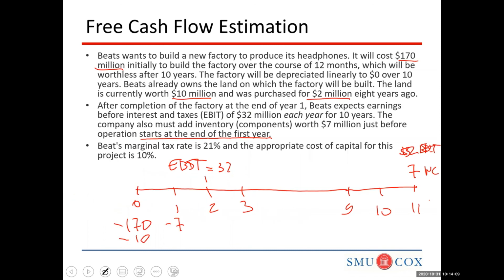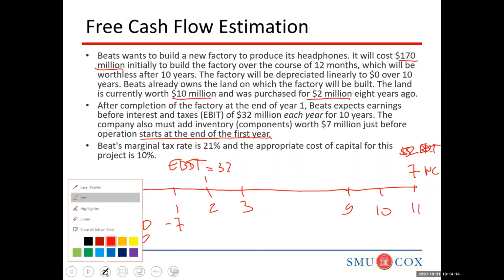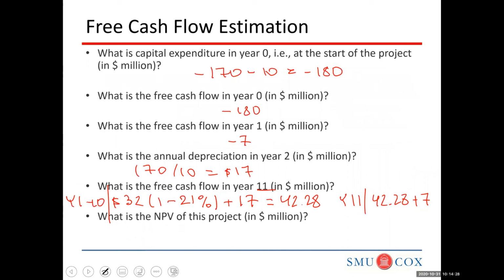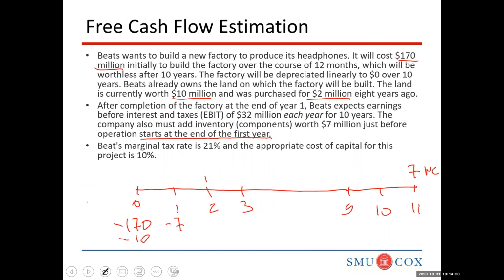If I go back here, maybe that'll be easier. I'll replace EBIT with cash flows, right? That's really what we care about, cash flows. So my cash flow is 42.28 in all these years.